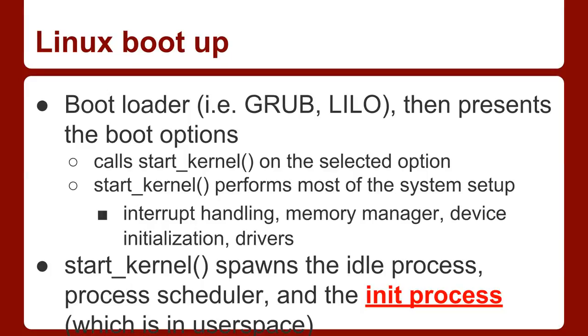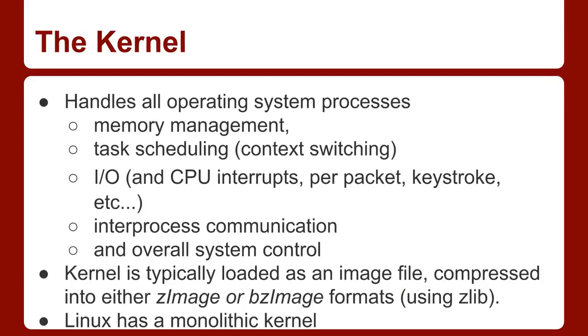And there's a difference between kernel space and user space. The kernel handles all the operating system processes, so the memory management, task scheduling, input and output, which is more than just keyboard, mouse, and monitors, but also the packets that the network interface, whether it's wireless or Ethernet or whatever, receives.